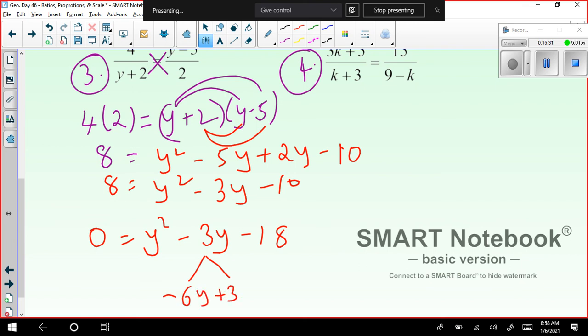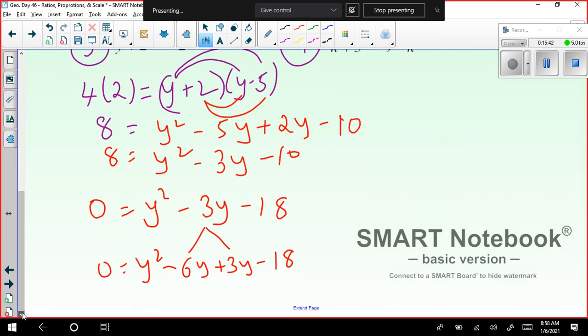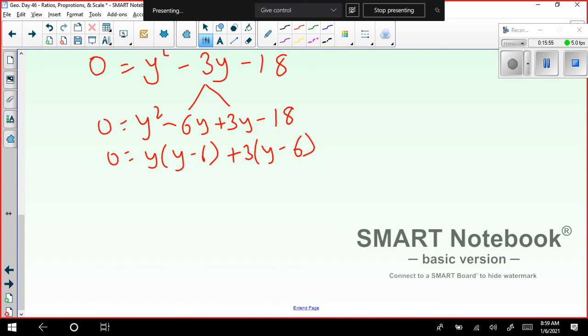I can split this in this manner, and further take y common, which gives y minus 6, and if I take 3 common, I have y minus 6. So I'll have 0 equals y plus 3 times y minus 6.